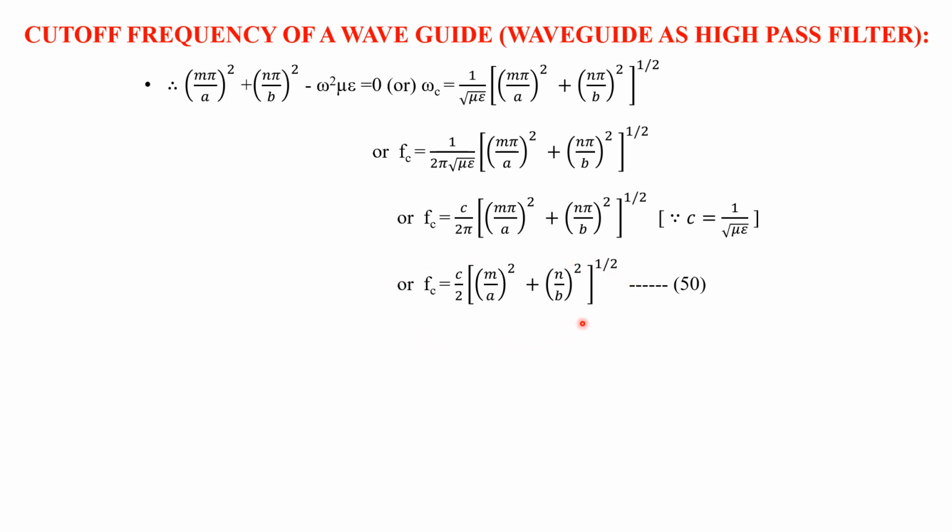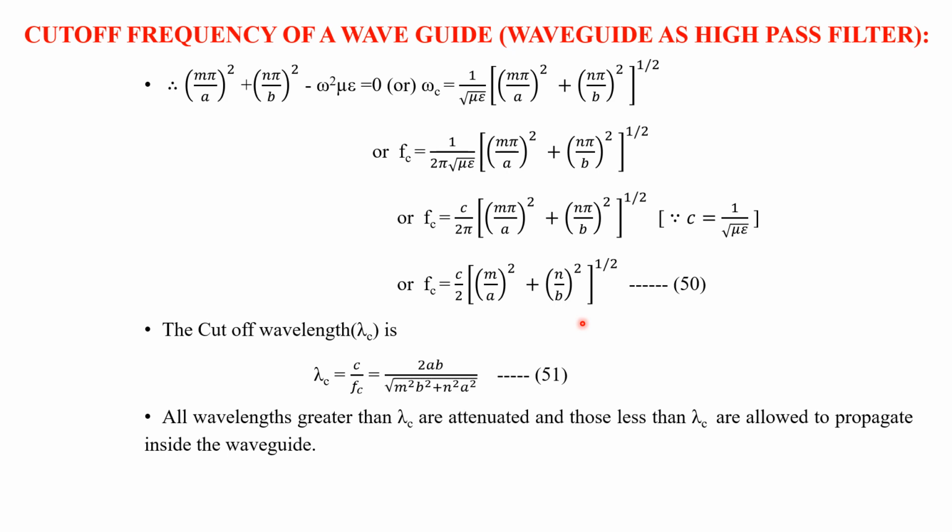We can find the cutoff wavelength of a waveguide by using this cutoff frequency. We know the relation between cutoff wavelength and cutoff frequency: cutoff wavelength is equal to c by cutoff frequency.